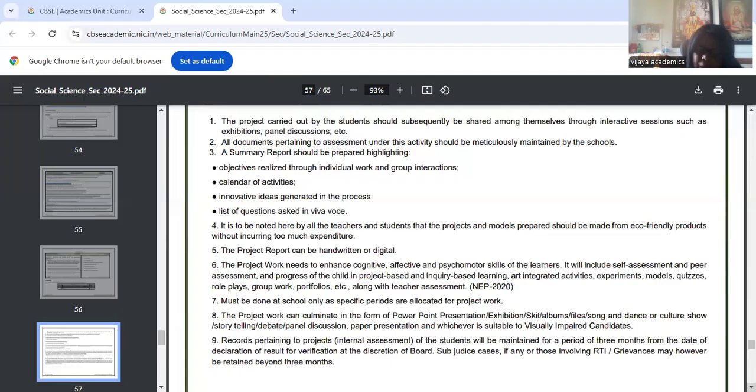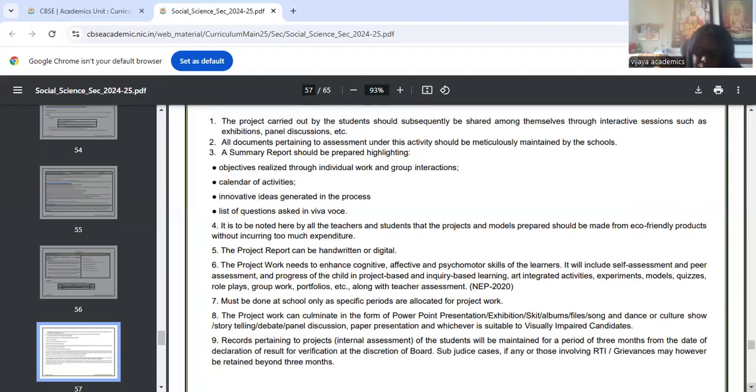The project work needs to enhance cognitive, affective, and psychomotor skills of the learners. It will include self-assessment and peer assessment and progress of the child in project-based and inquiry-based learning, art-integrated activities, experiments, models, quizzes, role plays, group work, portfolios, etc., along with the teacher assessment, and must be done at school only as specific periods are allocated for project work.